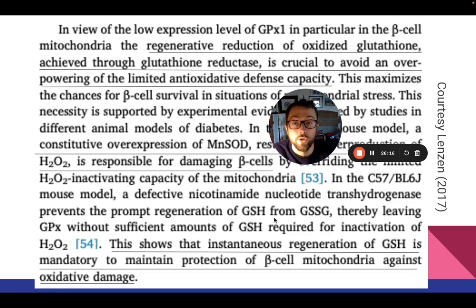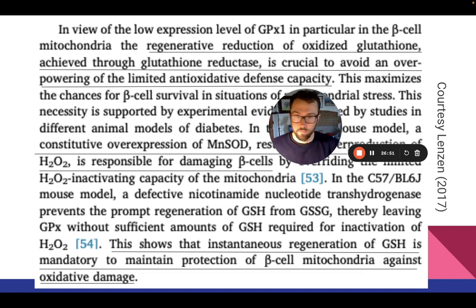Okay, so in this mouse model, they took away the enzyme that helps make glutathione. And if you don't have glutathione, you can't buffer hydrogen peroxide. This showed an instantaneous regeneration of glutathione is mandatory to maintain protection of beta cell mitochondria, right? So they had this cell, they wiped out its ability to recreate glutathione, beta cell dysfunction.